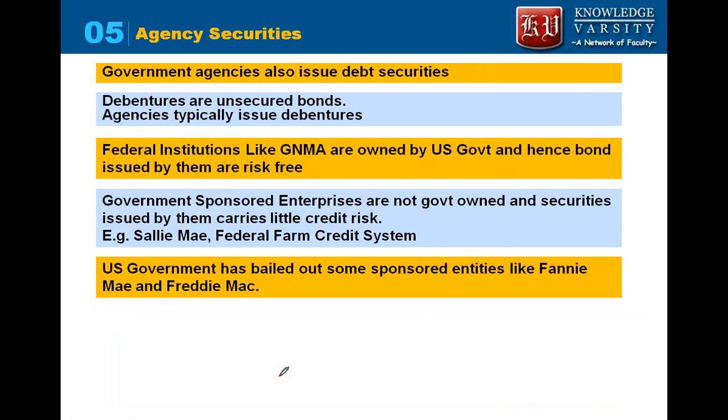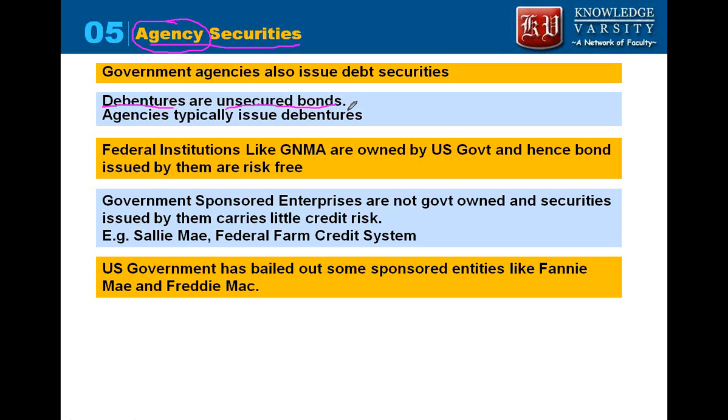Now, apart from government and treasury, there are some government agencies. They issue what is called agency securities, that is, agency debt securities. Typically they issue debentures. Now debentures are unsecured bonds, that is, they are not secured.